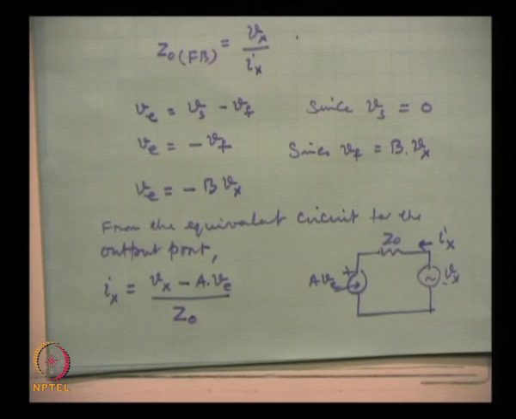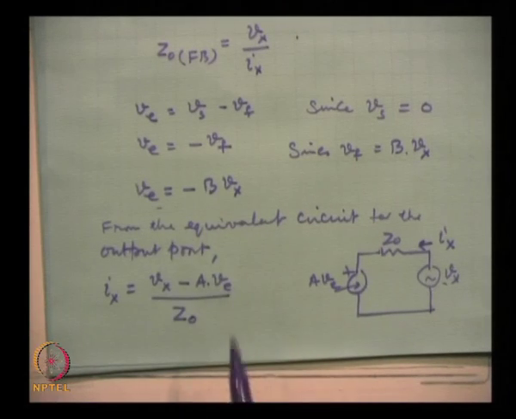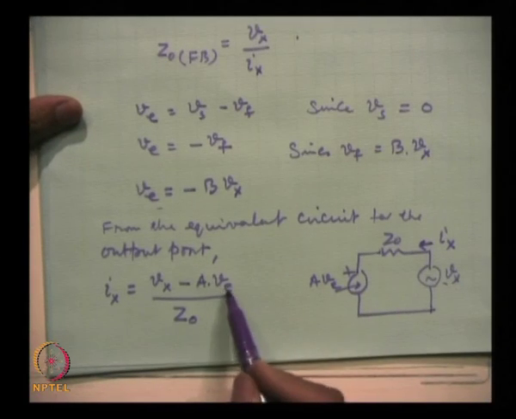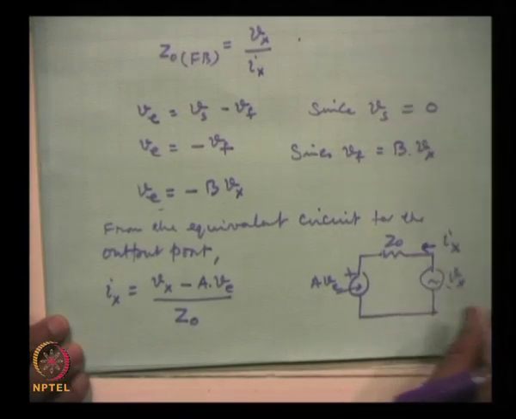This is the relation which we get, and now we substitute for V e what we have found out here. Here we substitute this V e by minus B V x. So, what do we get?